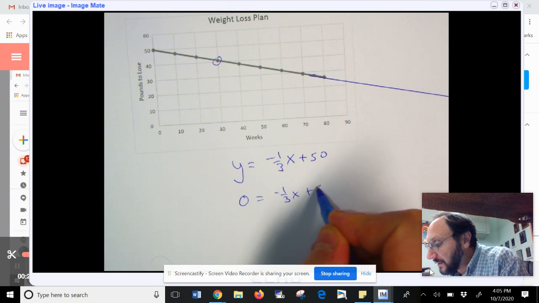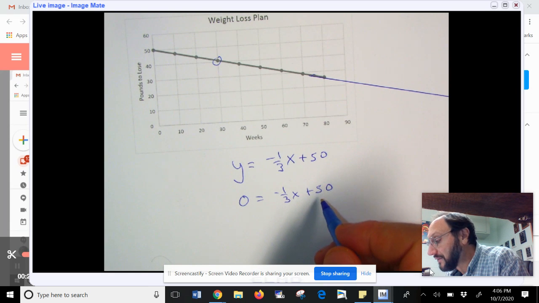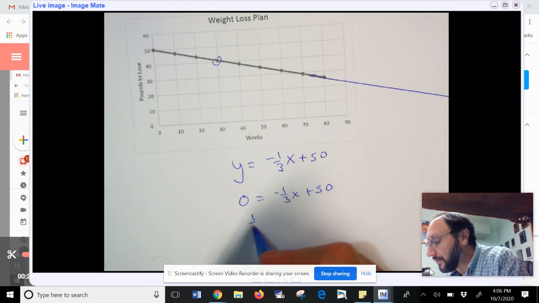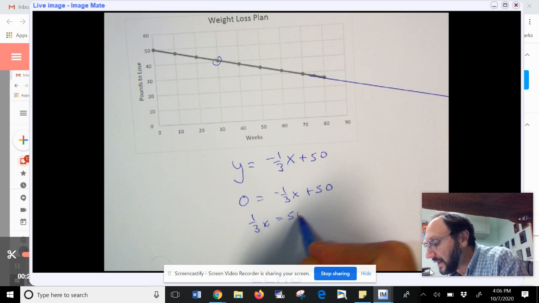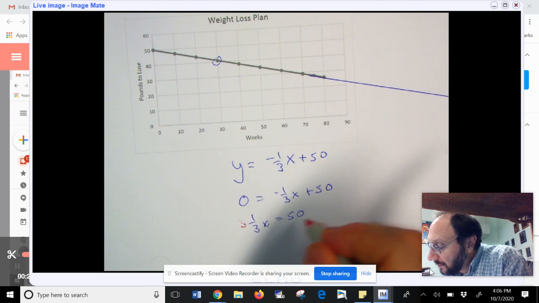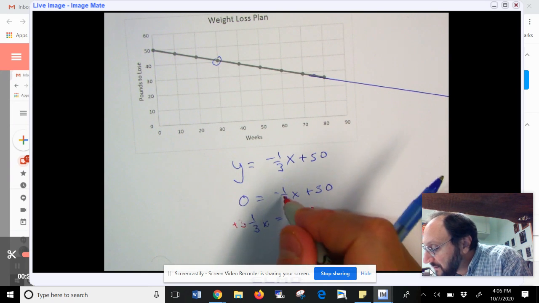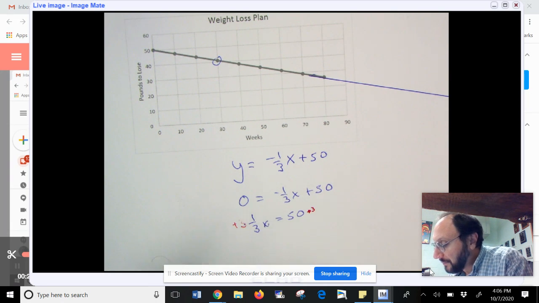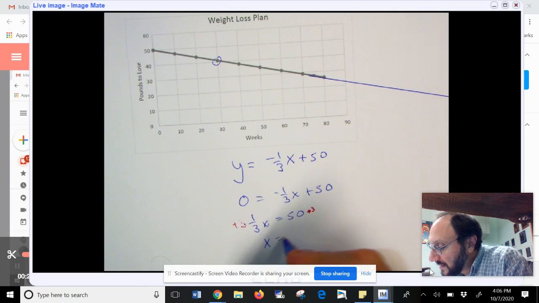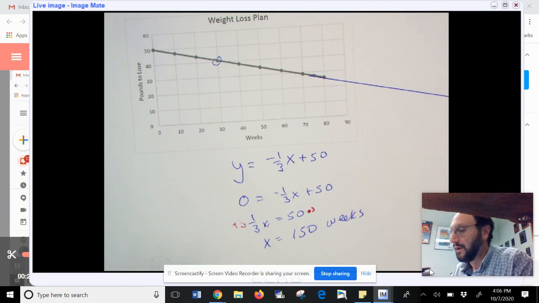So I might do it like this, right? And then I could solve this equation by adding 1/3 x to both sides, multiplying both sides by the reciprocal, which is negative 3, or actually it's positive 3 now because it moved over to the other side. So multiply by 3, and this says that it'll take 150 weeks to do that.